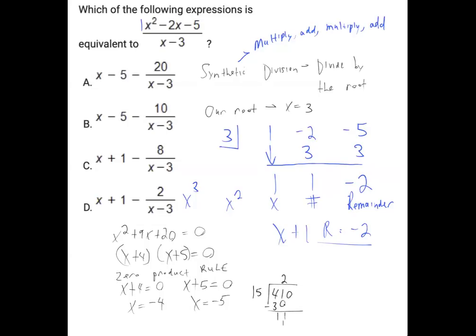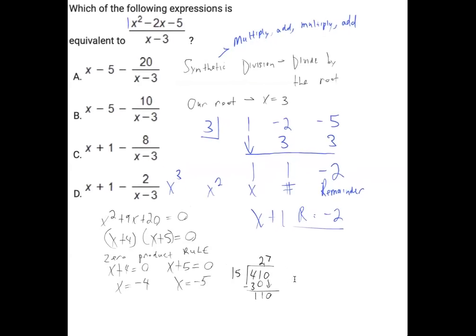Now you bring down another 0. And so we're thinking, how many 15s do we need to get to 110? And the answer is you need 7 of them. And now you're multiplying 7 times the 15, which is 105. When we subtract, we get 5.